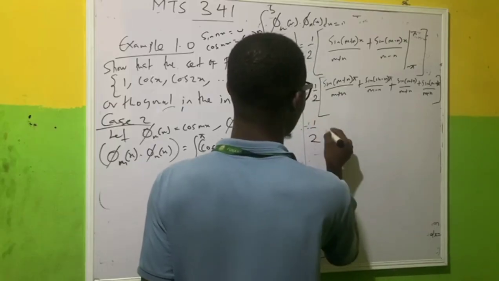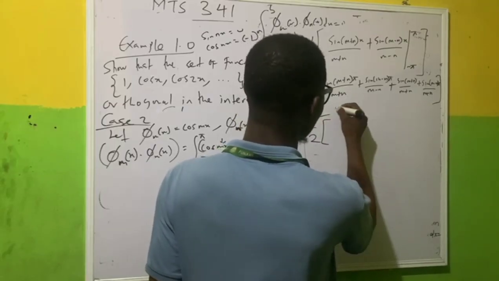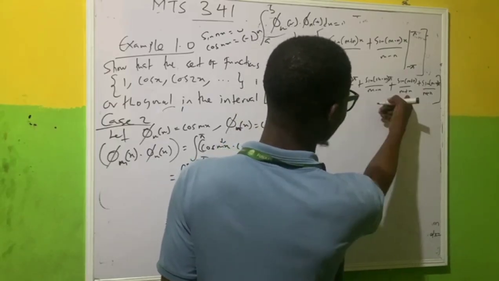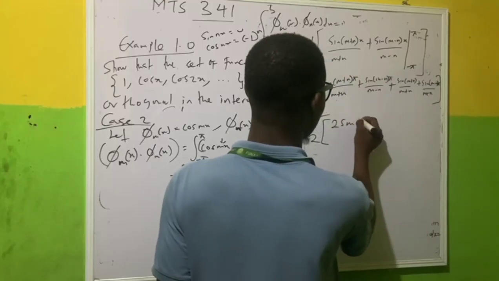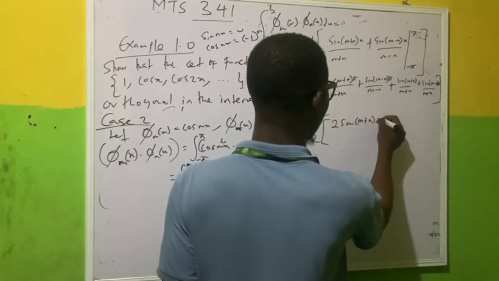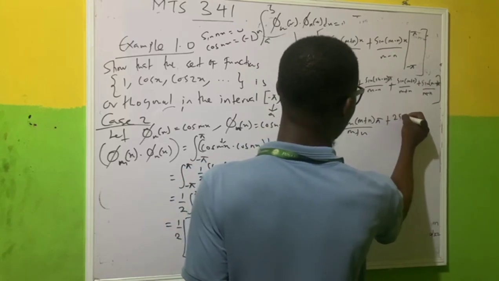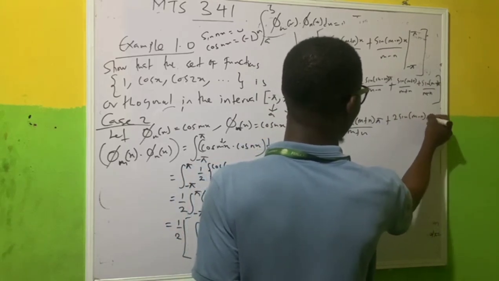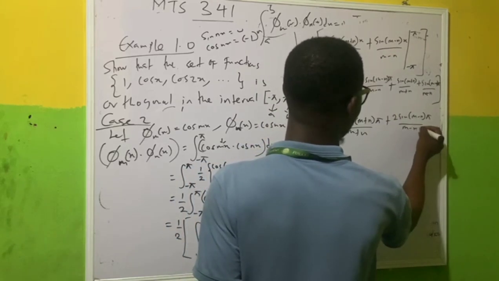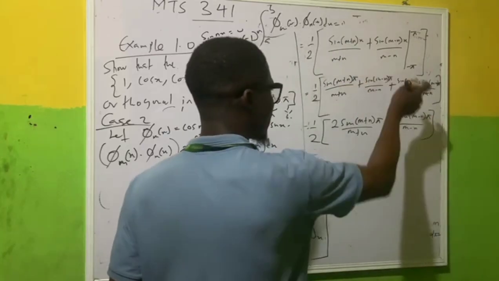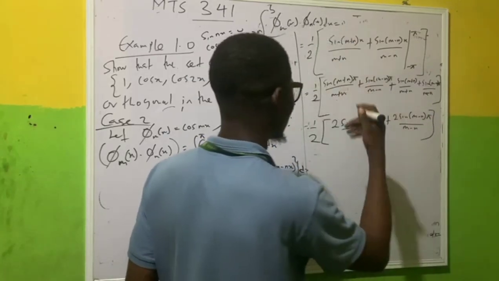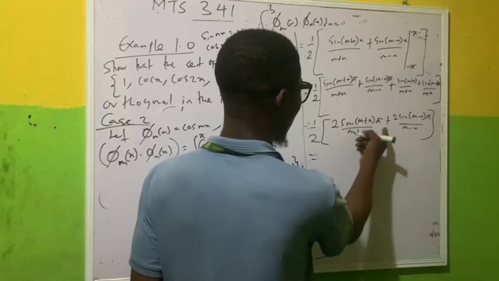We have 1 over 2. This one and this one are alike, so that's 2 sine into bracket m plus n pi over m plus n, then plus 2 sine into bracket m minus n pi over m minus n. So by the time you collect like terms, you understand what I'm doing there. So that's it. So 2 is common here, so these 2 can come out.